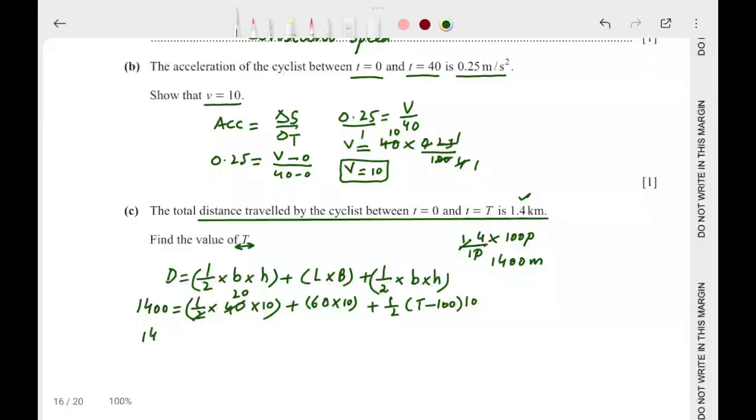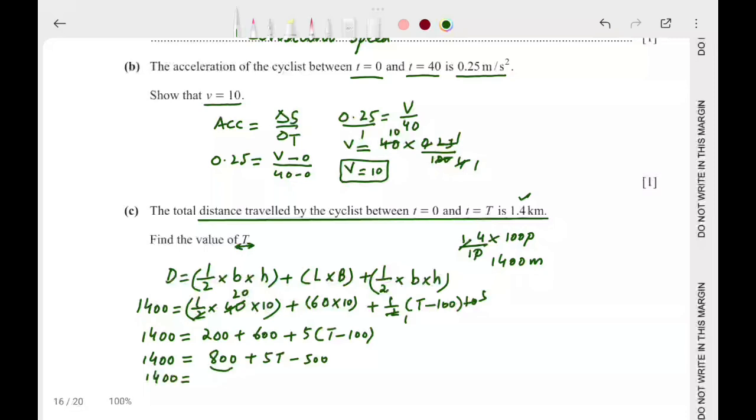So this becomes 1400 is equal to 200 plus 600 plus 2 times 1, 2 times 5. So 5 bracket opens t minus 100. So we'll solve it. 1400 is equal to 800 plus 5t minus 500. So 1400 is equal to 800 minus 500, that is 300, plus 5t.